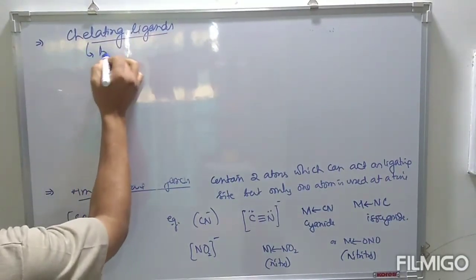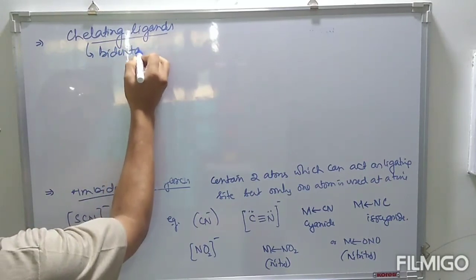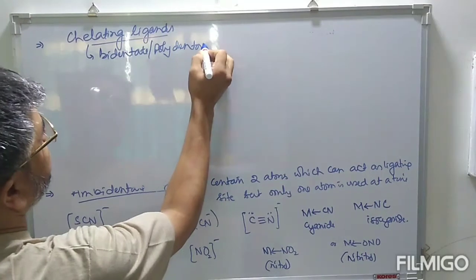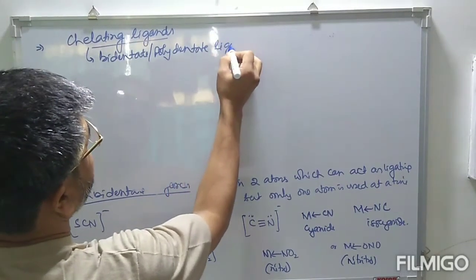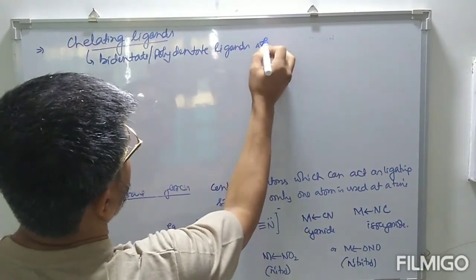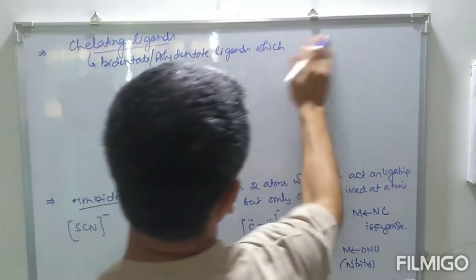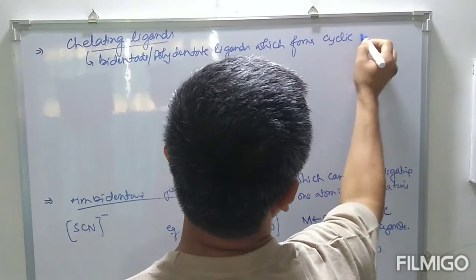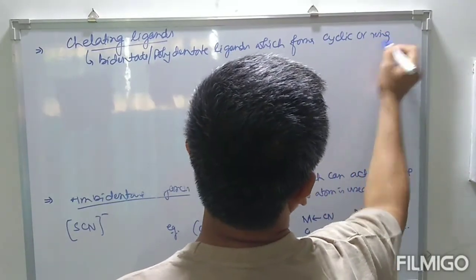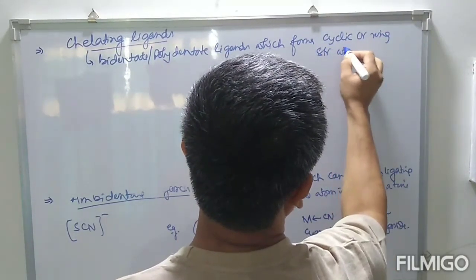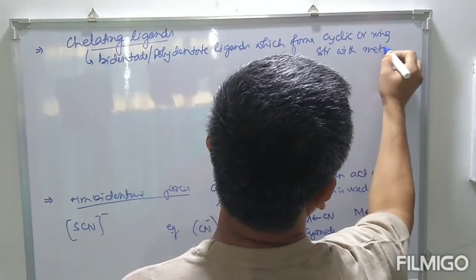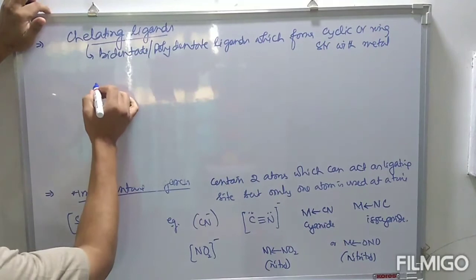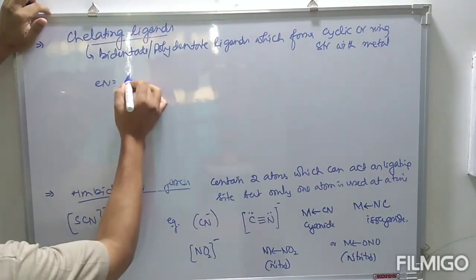So these are bidentate or polydentate ligands which form a cyclic or ring structure with a metal atom or metal ion. For example, look at en, ethylenediamine.